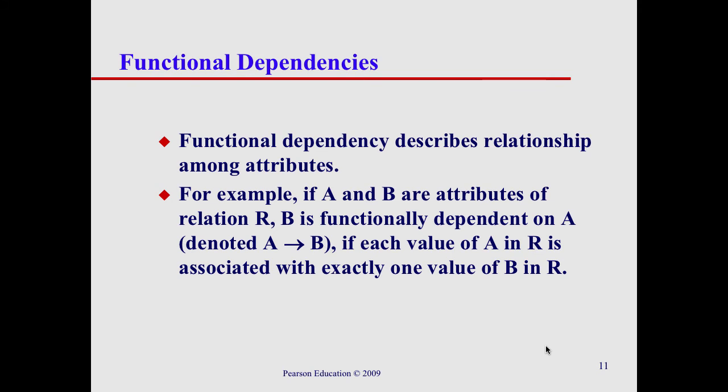With normalization, the way that we group related attributes is by taking advantage of something called functional dependencies. And if you remember, I said that a functional dependency is a relationship among attributes, whereas in ER modeling, we're talking about relationships among entities. Very good.